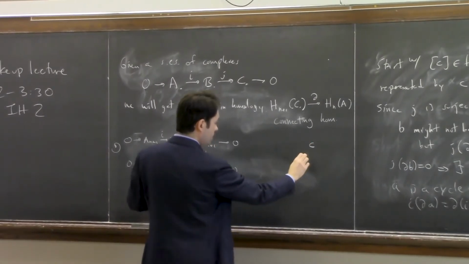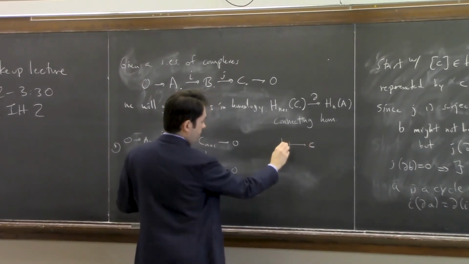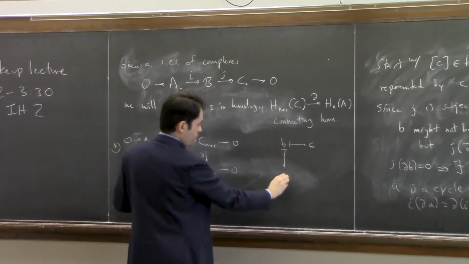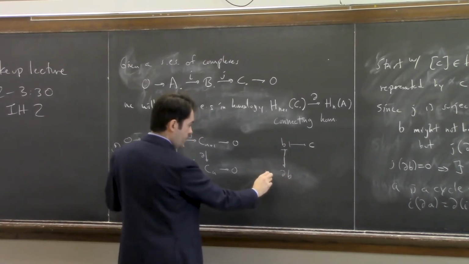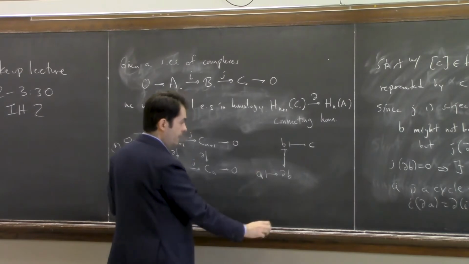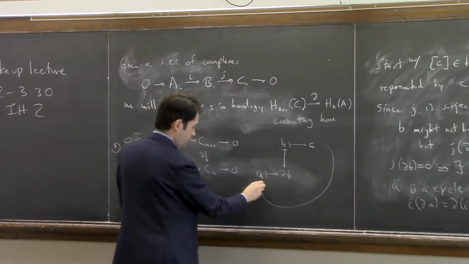We took C, then we pulled it back to a B. We pushed that forward to boundary B. Then we pushed that back to an A, and our map was that one.